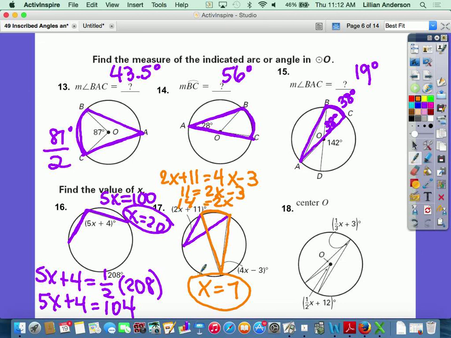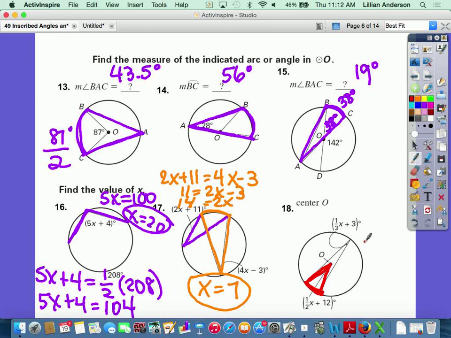Now, number 18. It's not hard. You just see fractions and automatically think it's hard. This angle right here is a central angle, which means that the arc is the same: 1/2 x plus 12. So that's the measure of the arc. Now this angle up here, what kind of angle is it? Inscribed.